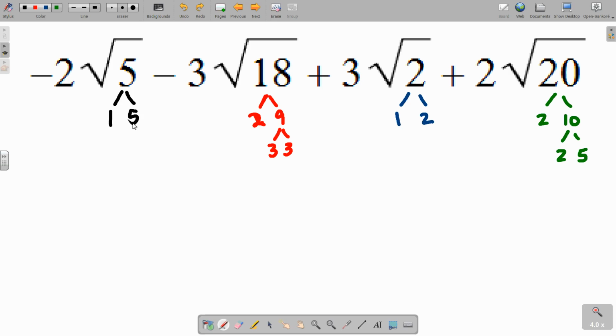So there's nothing to clean up there, so that's going to be negative 2 root 5.